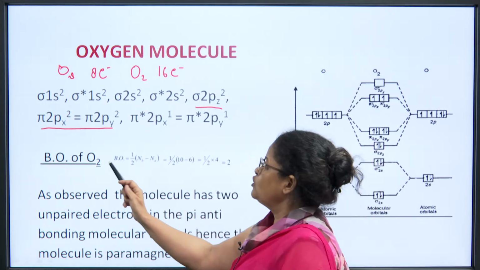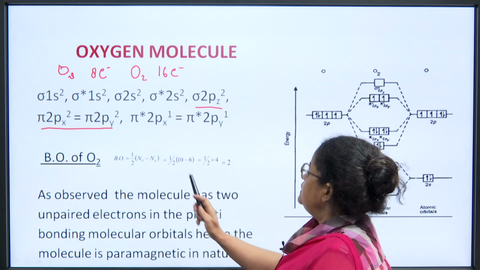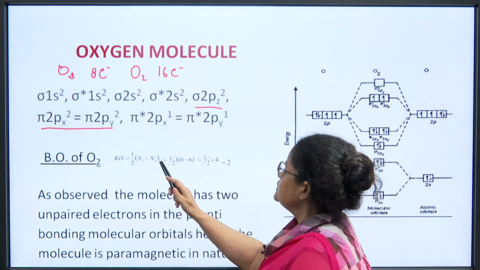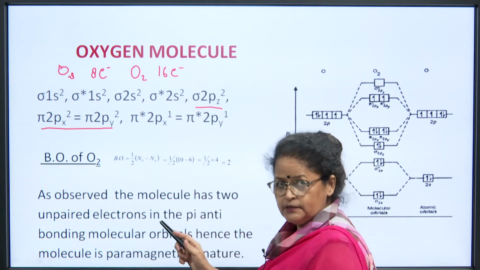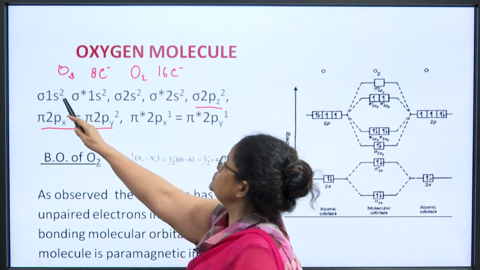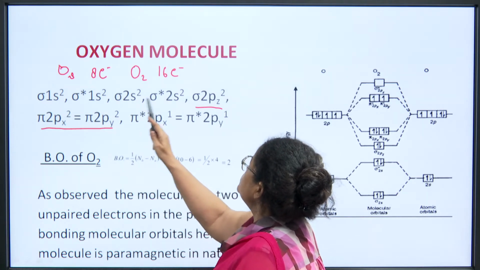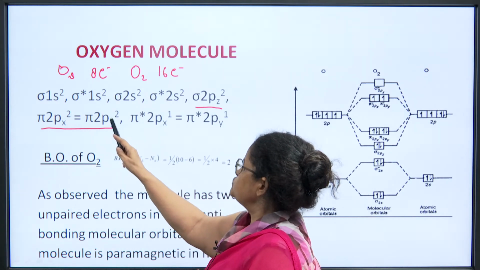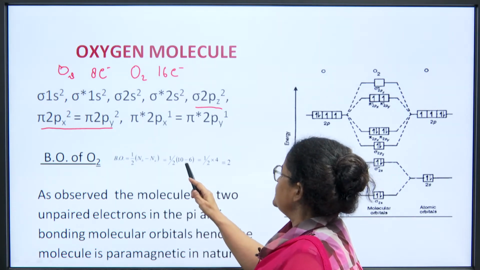Let us find out the bond order of O2. Number of bonding electrons minus number of anti-bonding electrons divided by 2 will give us the bond order. Now, let us total the number of bonding electrons. 2 plus 2 is 4, 4 plus 2 is 6, 6 plus 2 is 8 and 8 plus 2 is 10. So, 10 are the bonding electrons.